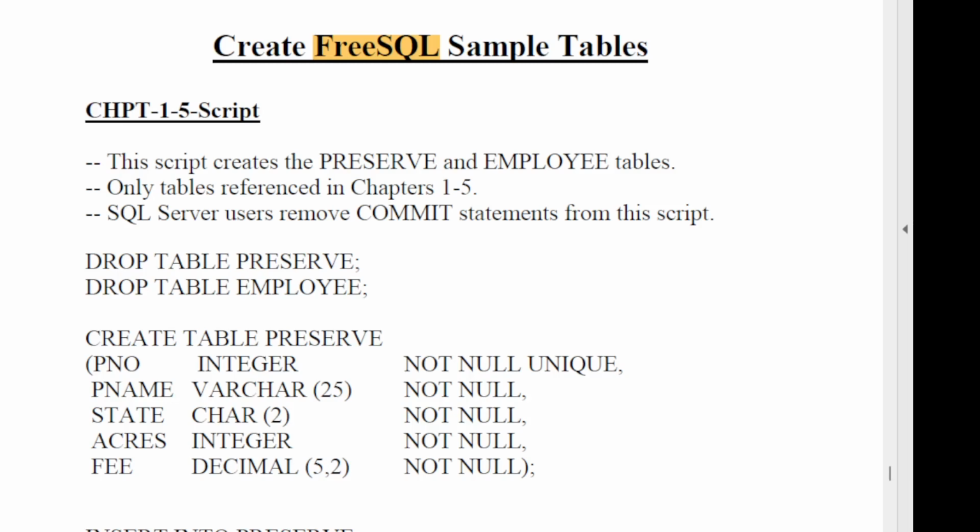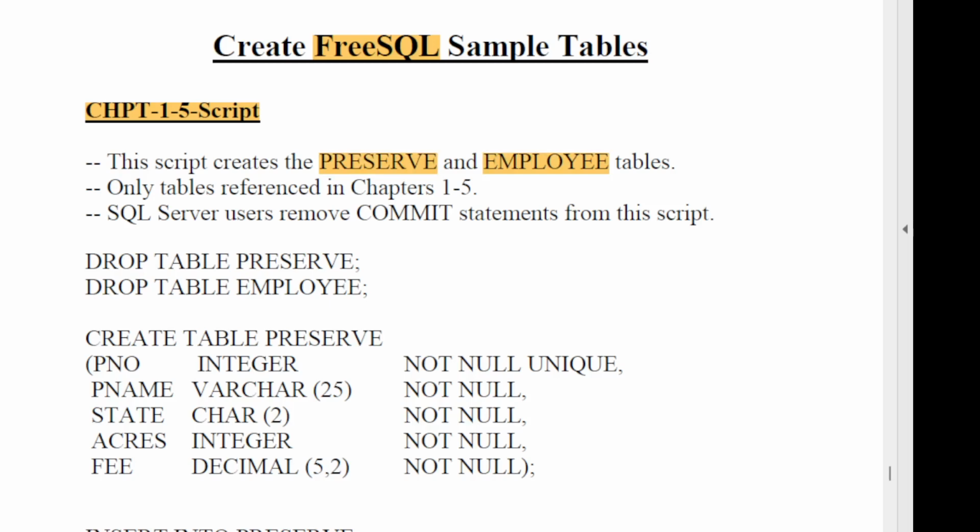The name of that script is the Chapter 1-5 script. We name it that because there are two tables which are the only tables referenced in chapters 1 through 5. You've already seen a preserve table, and there's an employee table which is referenced inside the exercises. We encourage you to do a few of them.